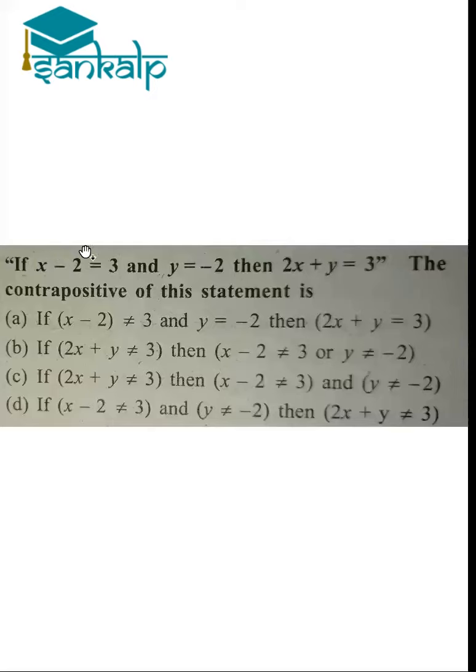Next question, if x minus 2 equals 3 and y equals minus 2, then 2x plus y is equal to 3. The contrapositive of this statement is, okay.